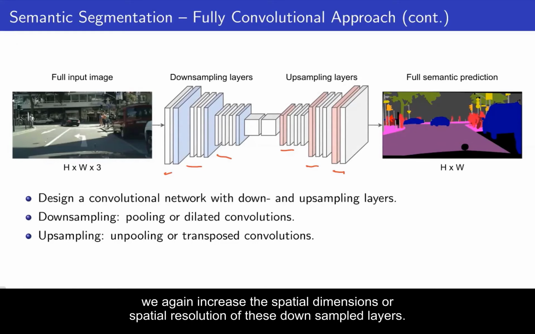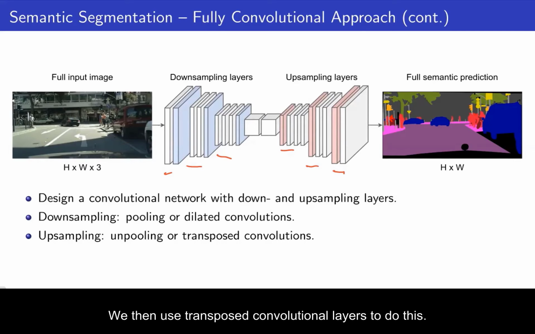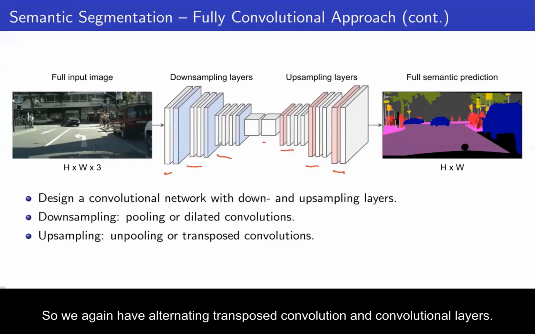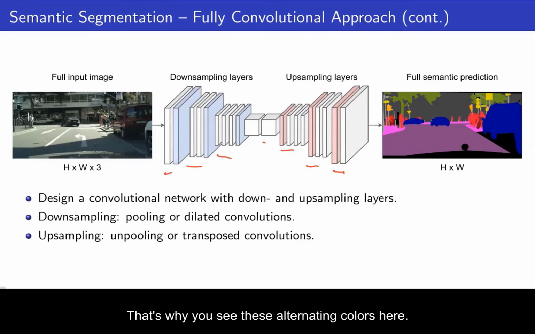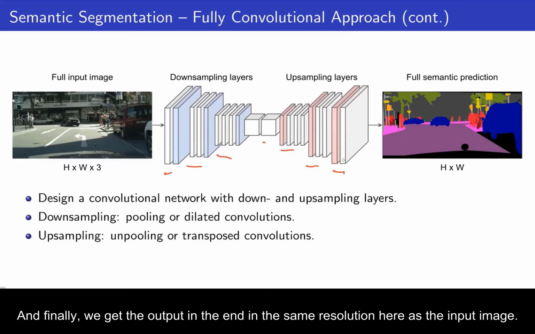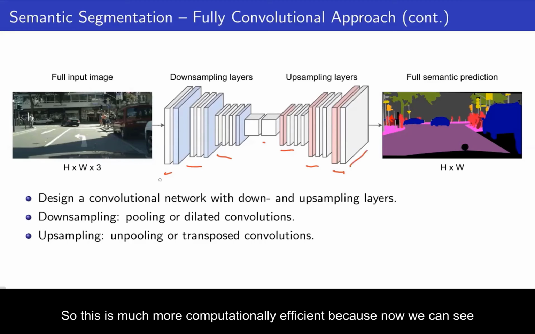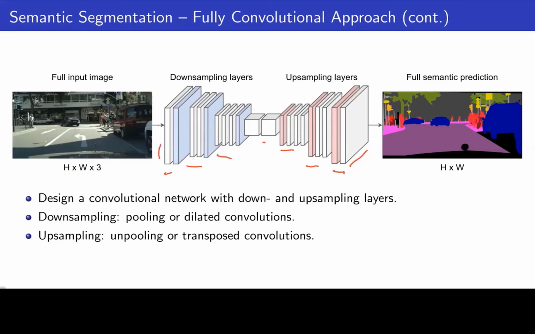Then in the upsampling part of the network, we again increase the spatial resolution of these downsampled feature maps. We use transpose convolutional layers to do this. So we again have alternating transpose convolution and convolutional layers. That's why you see these alternating colors here. And finally, we get the output in the end at the same resolution as the input image.